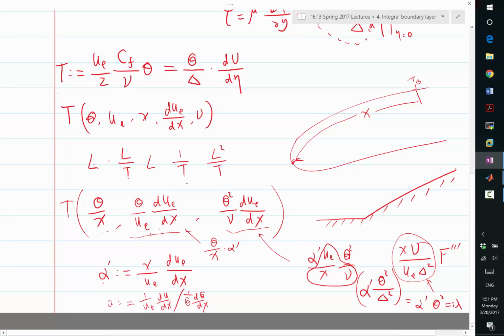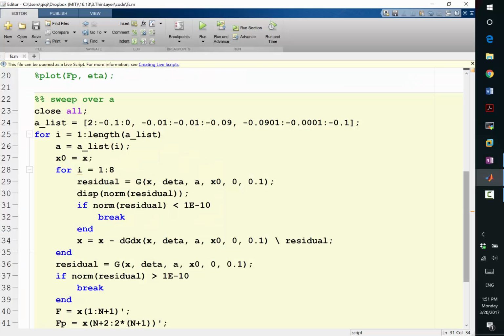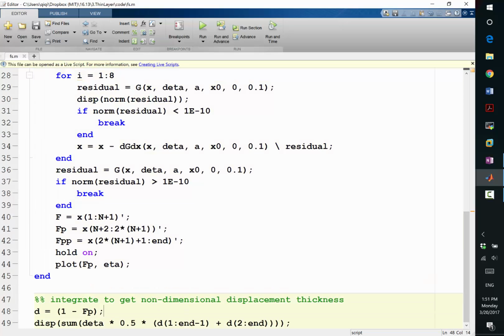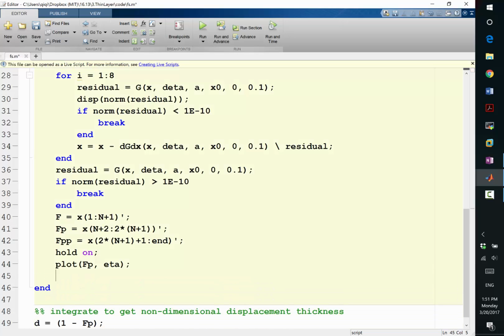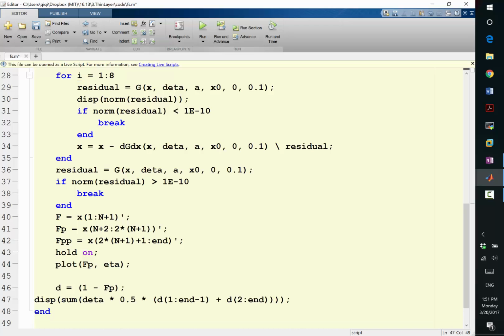In order for me to compute lambda, basically I need theta squared and a, which I already have. Okay, so let me compute theta. And previously we do have a displacement thickness, right? So let's compute theta, which is very similar. So d is equal to 1 minus fp. In this case, I want to compute the momentum defect, which is fp times 1 minus fp, right?